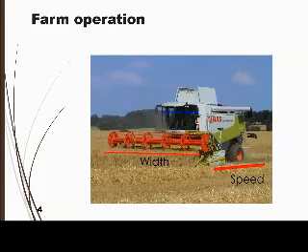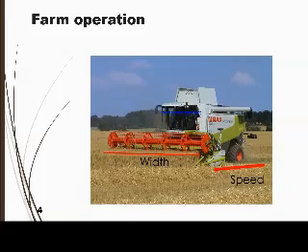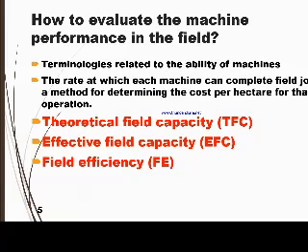The effective width is the width of the crop that enters the combine harvester, which is going to be different from the actual width. Secondly, the parameter that we would like to measure is the speed of the combine harvester while running the operation. So please remember that.